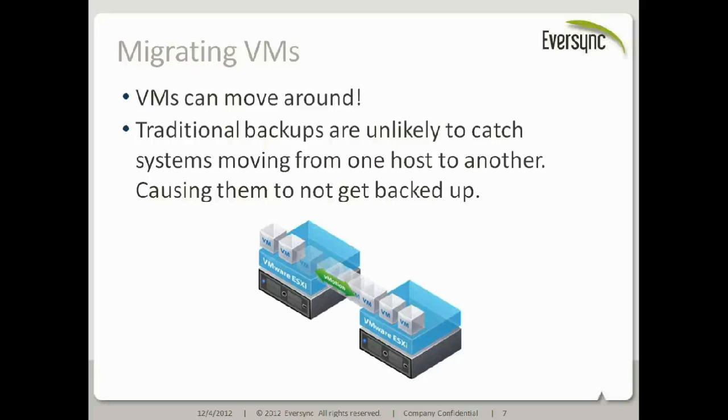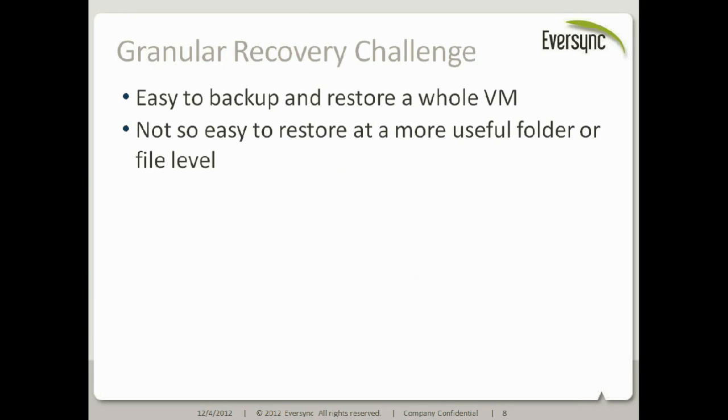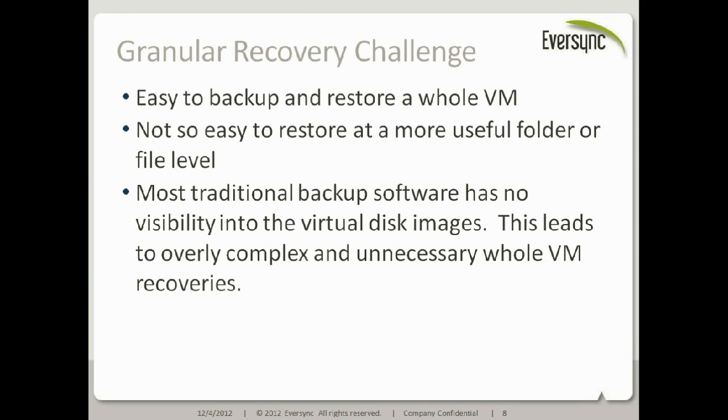If you're backing up that data store with a normal file backup system, you're going to wind up either getting the file from one data store and then getting that again from the other, or you'll miss it while it's in transit and not get it backed up at all, unless you take great care, which usually requires manual intervention.